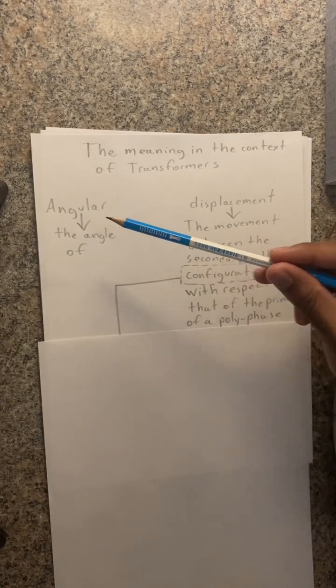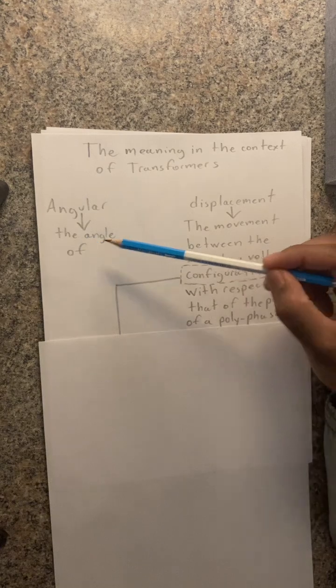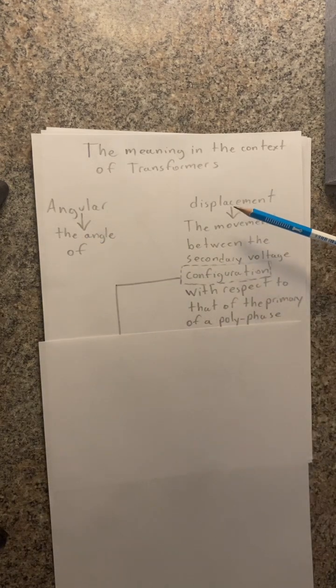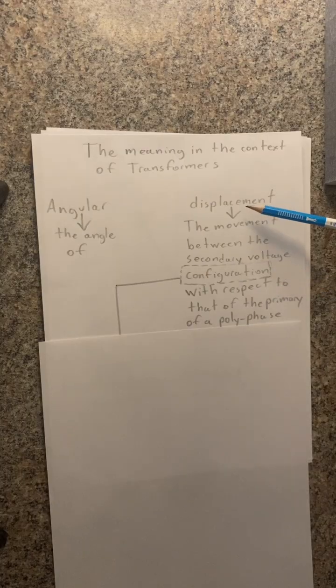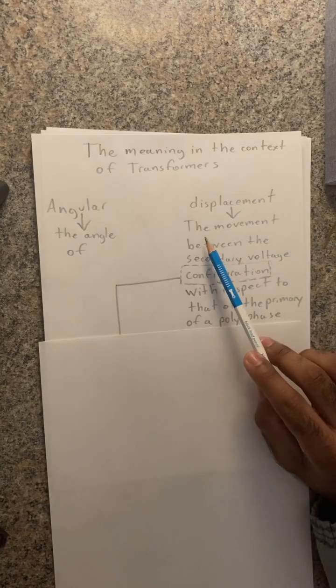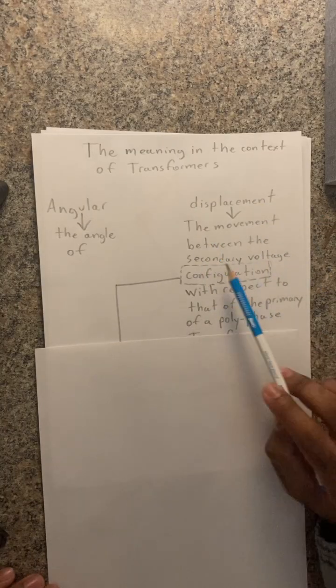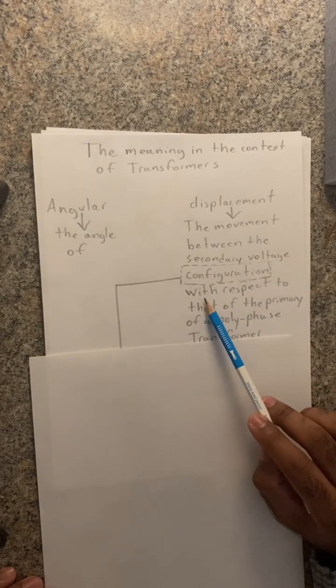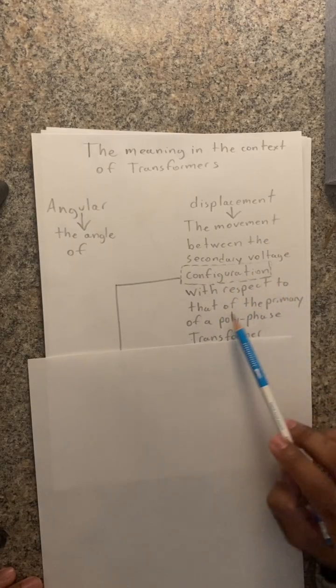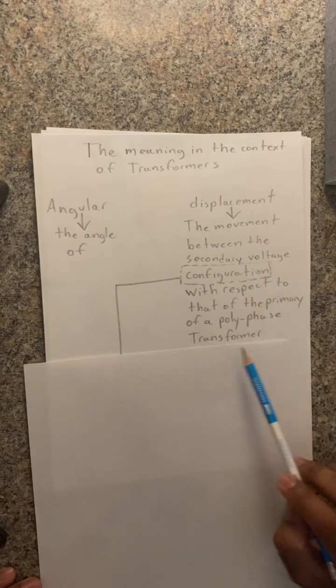So angular basically means the angle of. Displacement is the movement between the secondary voltage configuration with respect to that of the primary of a polyphase transformer.